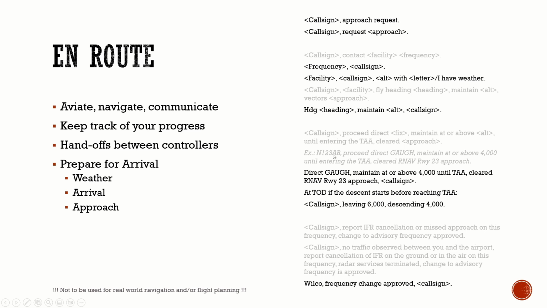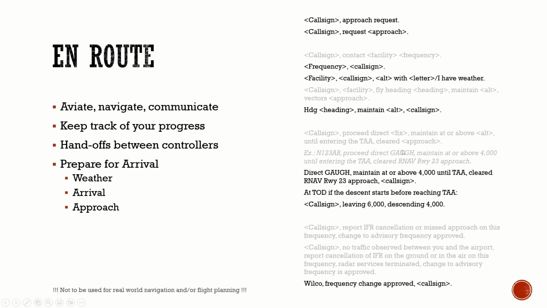What they are telling you is that maintain at or above 4,000, if you are currently at 6,000, means that they are giving you permission to descend at your discretion. You don't need to descend to 4,000 when you have this, because they tell you maintain at or above. If they would tell you descend and maintain 4,000, then it's binding and you need to go to 4,000.